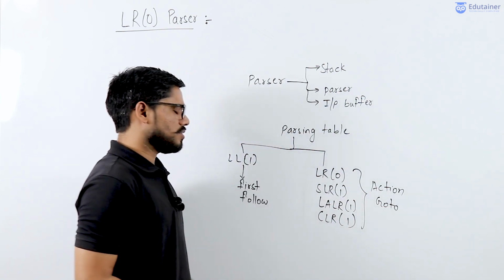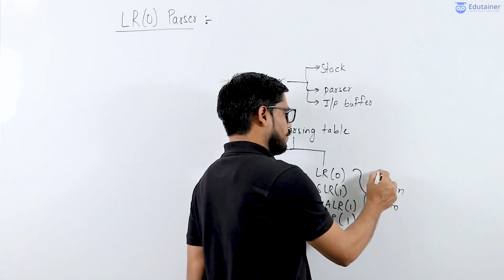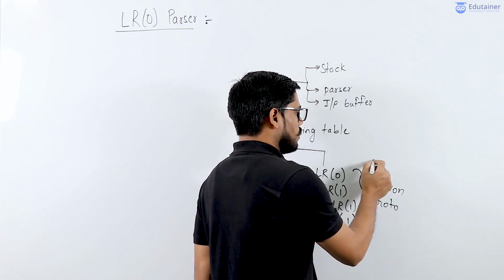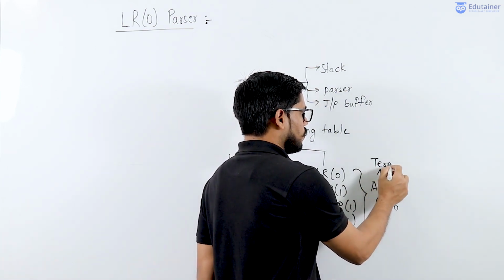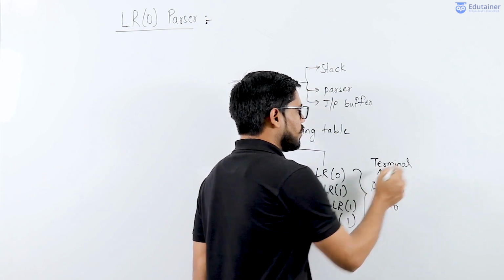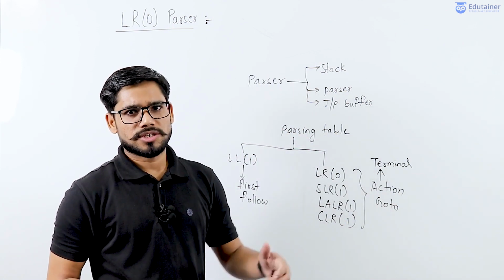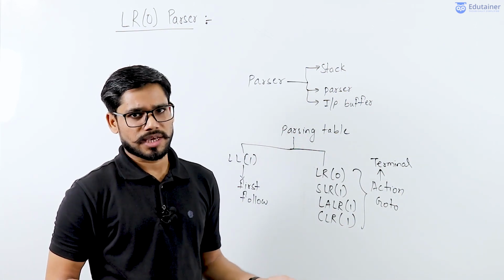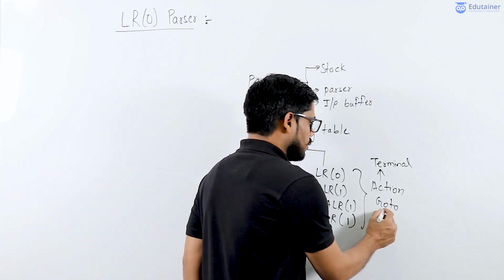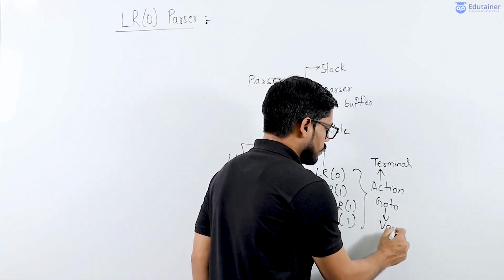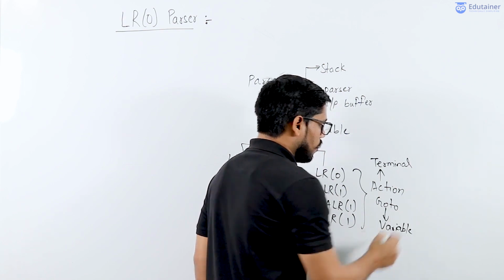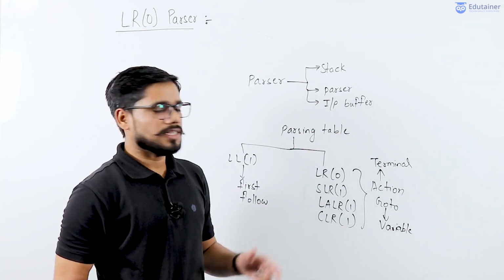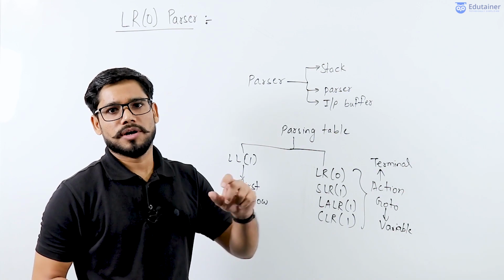What is action? Action acts upon the terminal part. Whenever we see a terminal, we can shift it to the stack. And goto is nothing but the variable part, or non-terminal, and it means that we reduce a particular variable.